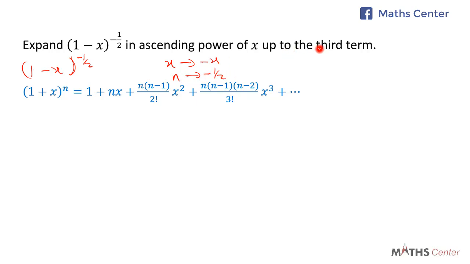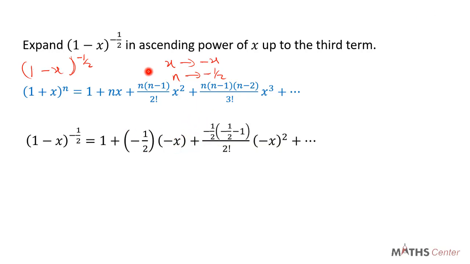Remember, we are doing it up to the third term, so the first, second, and third. When we do that, the first term is always 1, so 1 plus n is negative half, x is negative x. So that will be for the second term. Then for the third term, n is negative half, so negative half into brackets, another negative half minus 1 divided by 2 factorial.